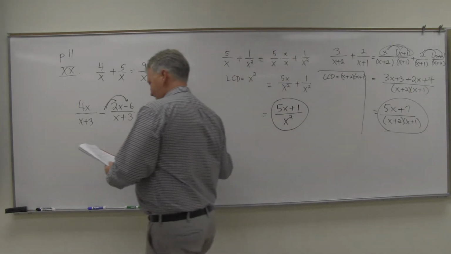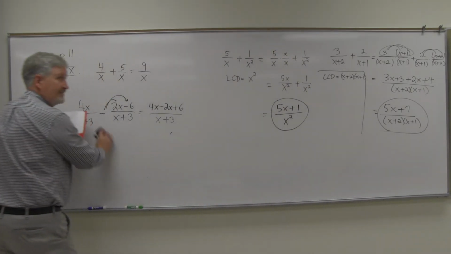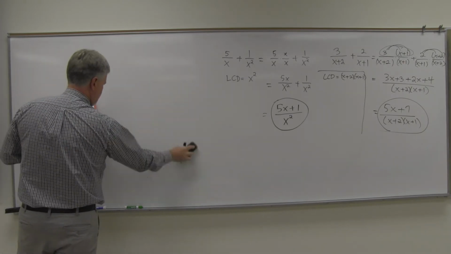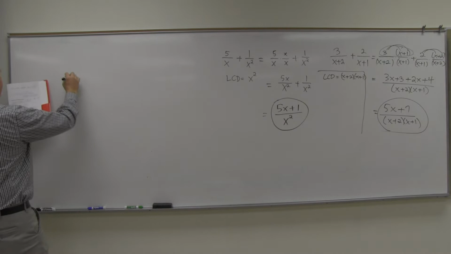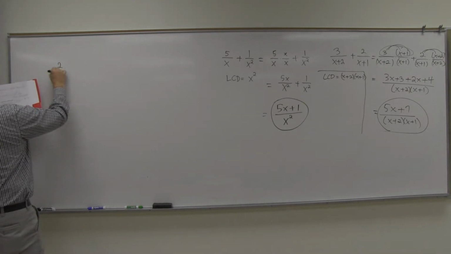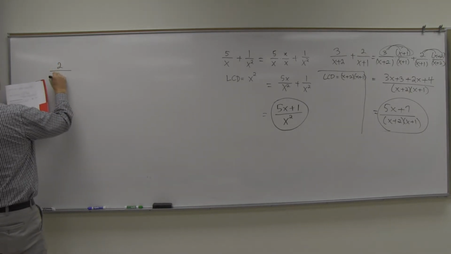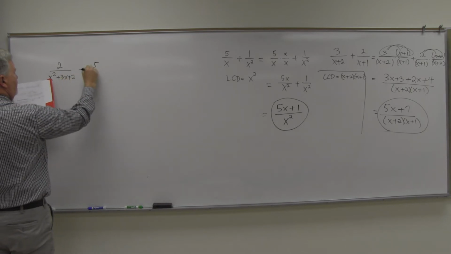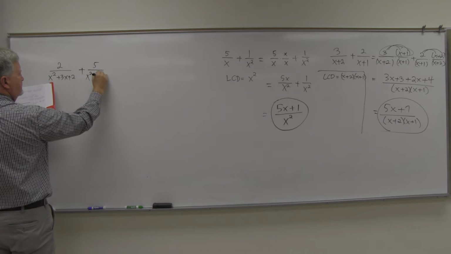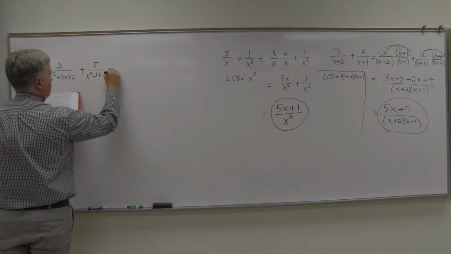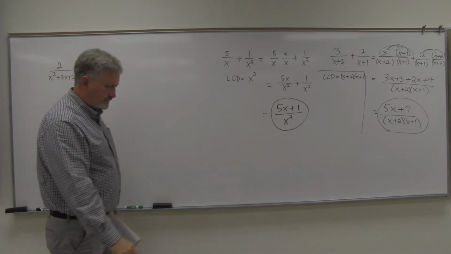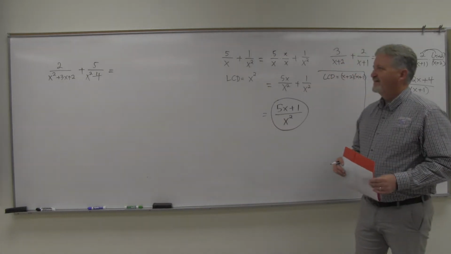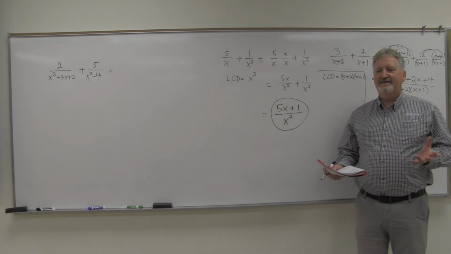All right. Third example there. 2 over x squared plus 3x plus 2 plus 5 over x squared minus 4. So this one is an extra step here.